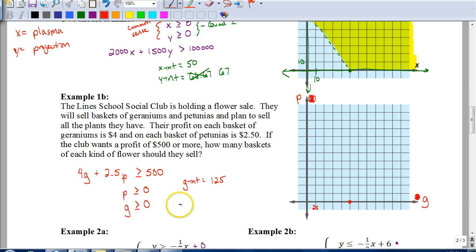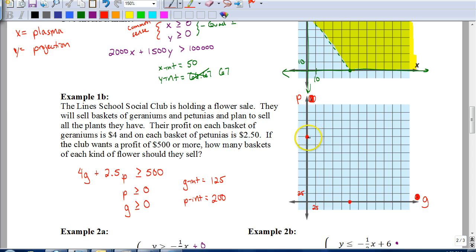So now to find the P-intercept, I'll replace G with 0, so I'm going to take 500 divided by 2.5, and that gives me 200 as my answer. So count by 25s here as well: 25, 50, 75, 100, and so on, 200 would be right here.